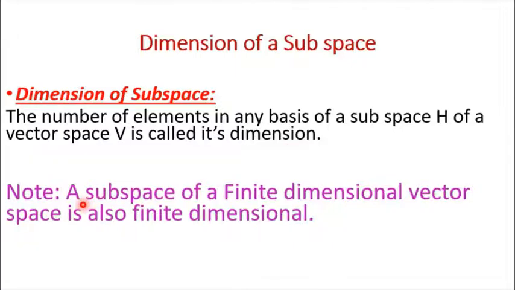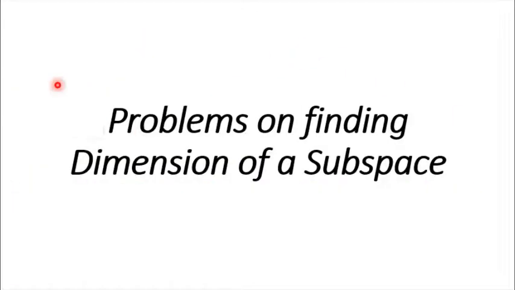And here one point we have to remember, a subspace of a finite dimensional vector space is also finite dimensional, right? That means since the main vector space is finite dimensional, all its subspaces will also be finite dimensional vector spaces. Now we'll go through some problems on finding the dimension of a subspace.